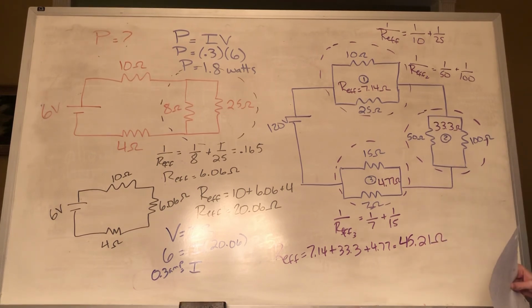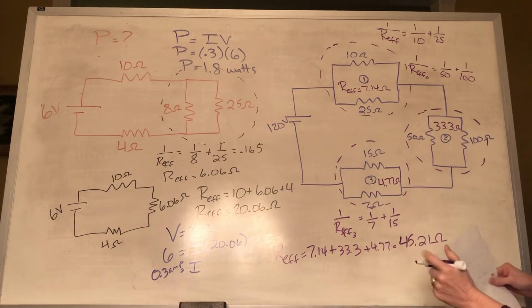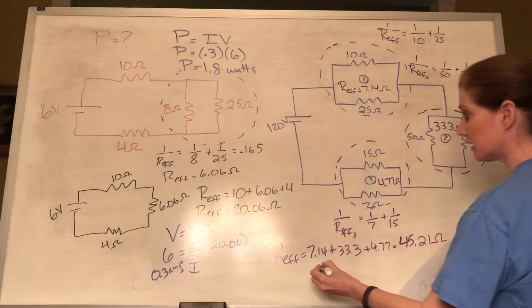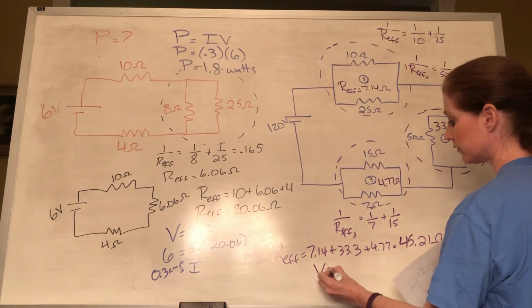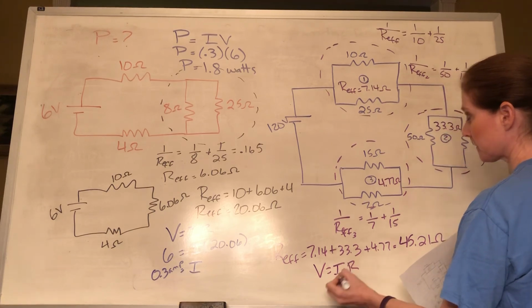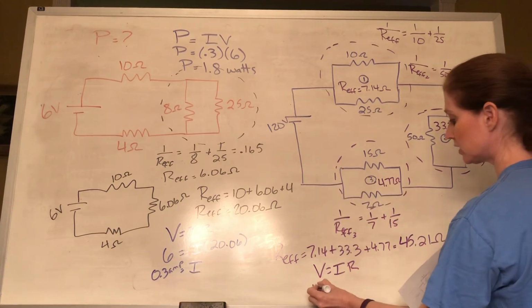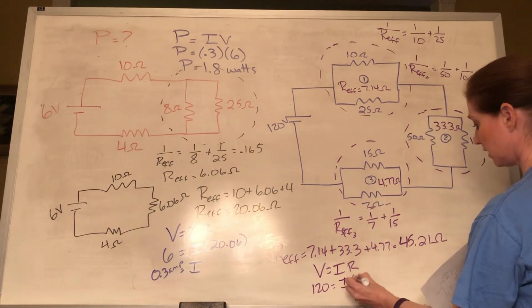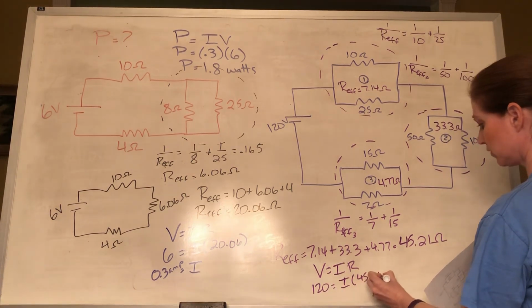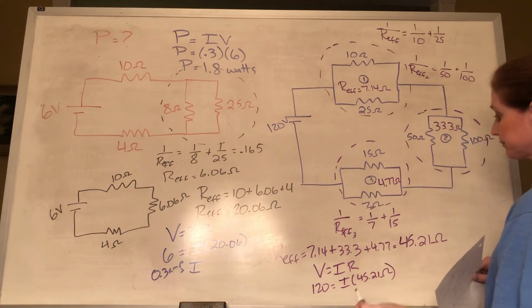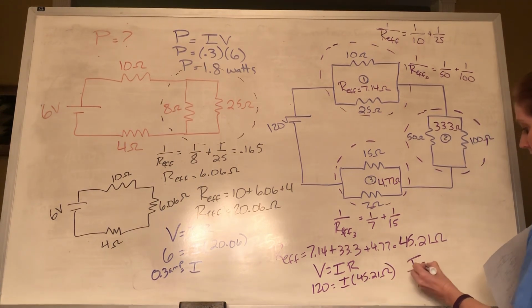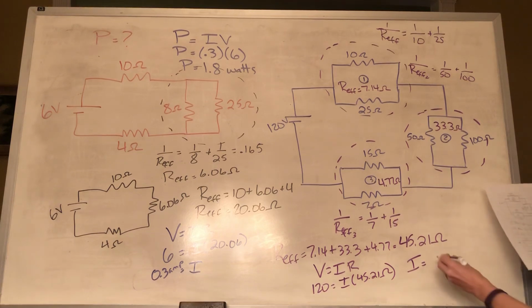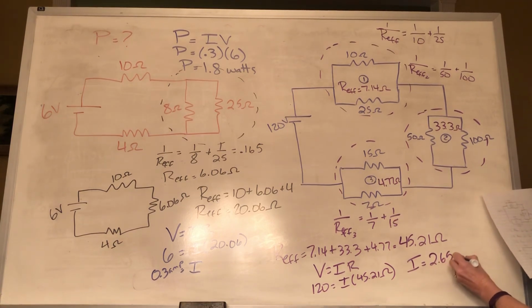All right, again, we're looking for power here. First thing we need to do is find our amps. So V equals IR. We've got the voltage of 120, and I times 45.21. I comes out to be 2.65 amps.